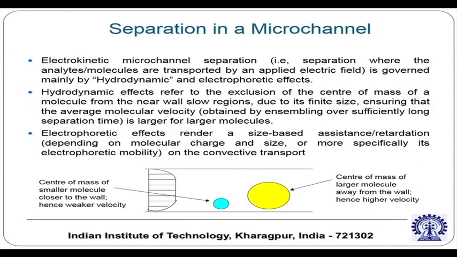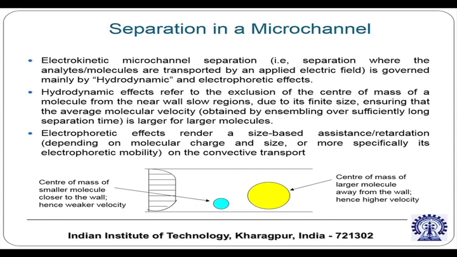Now, in addition to that, in an electrokinetic separation you will have the hydrodynamic and the electrophoretic effects. I have discussed hydrodynamic interactions, and hydrodynamic interactions in a confinement are different from hydrodynamic interactions at bulk scale. So hydrodynamic interaction will influence the flow field.